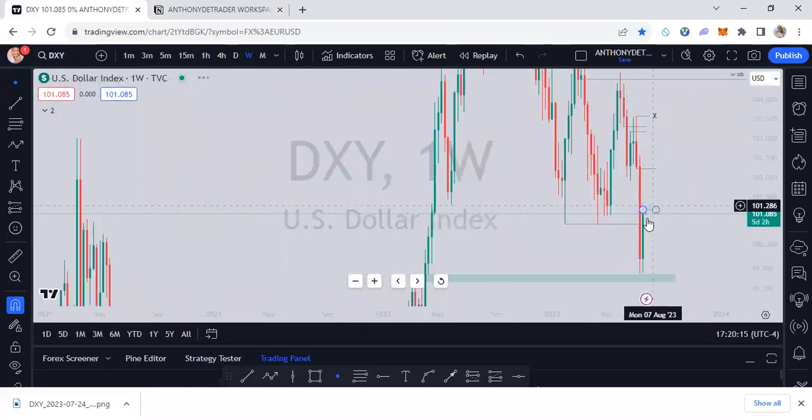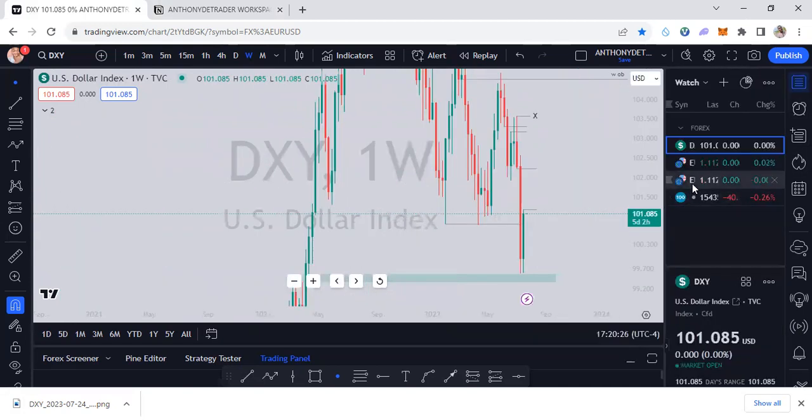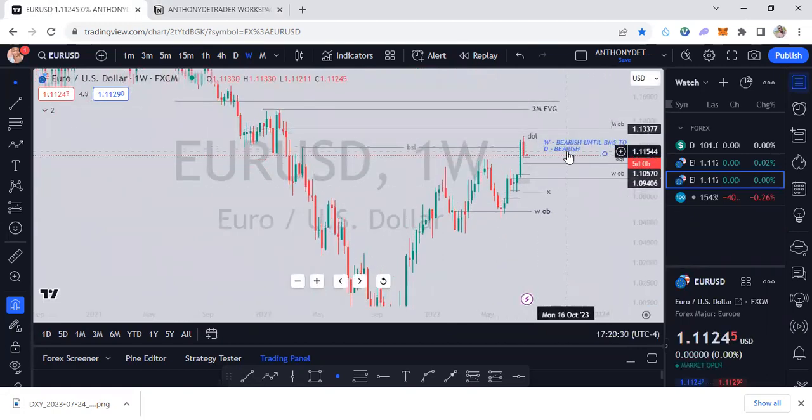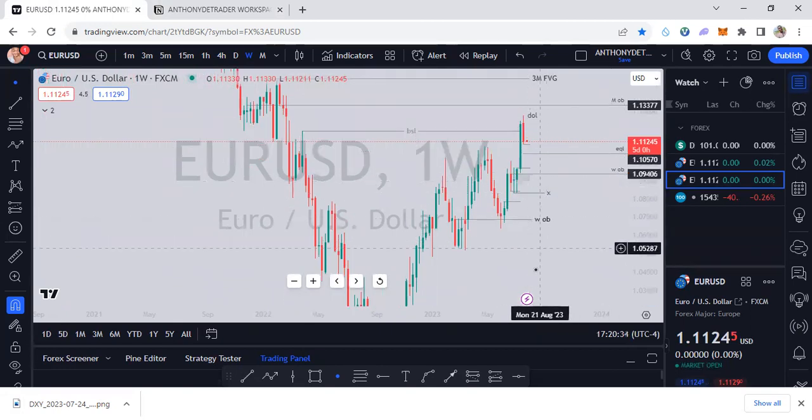Like I said, I'm expecting the DXY to trade into this FVG, then we'll be targeting it down. So till we see a BMS, I'm bullish on the DXY, and till I see a BMS, I'm bearish on EURUSD. Although the bearish is just for retracement, not that it is overall bearish.